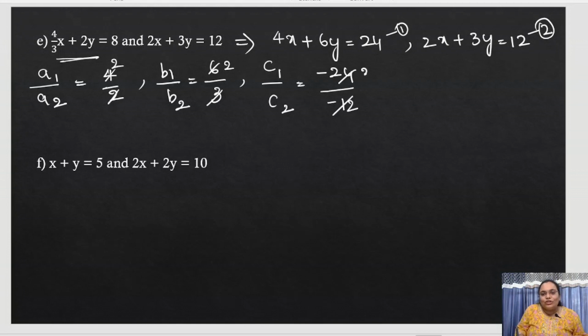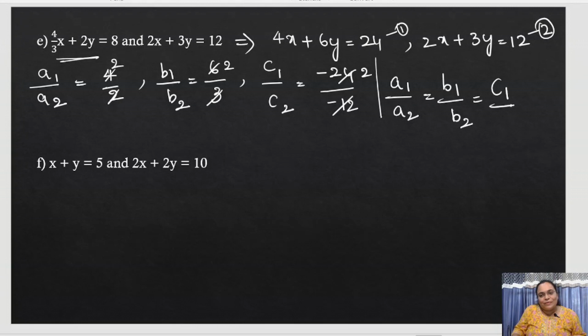You will get 2. Seeing all the ratios, we can say that a1 by a2 is equal to b1 by b2 is equal to c1 by c2. Yes, so it is coincident lines. Okay, it is coincident lines.